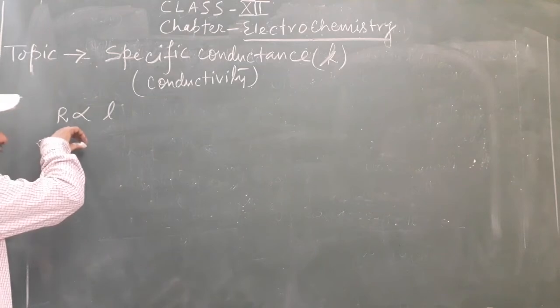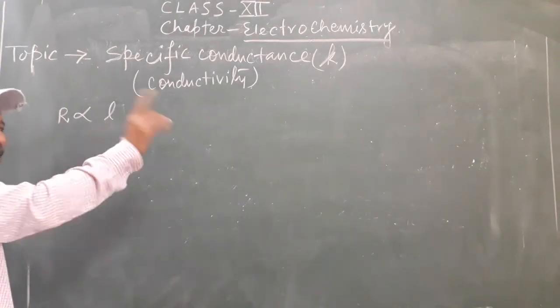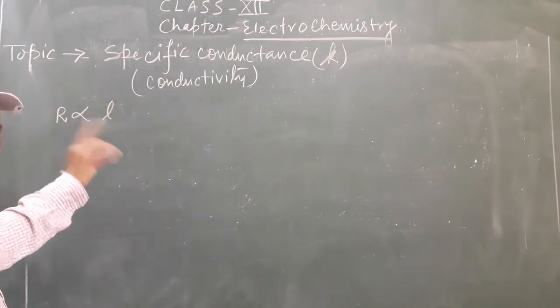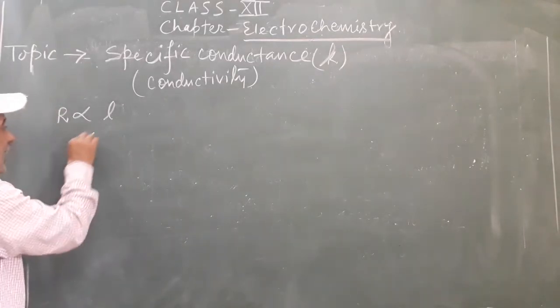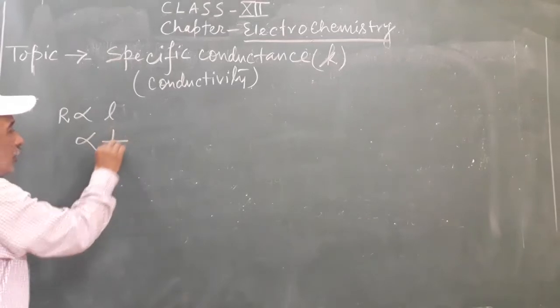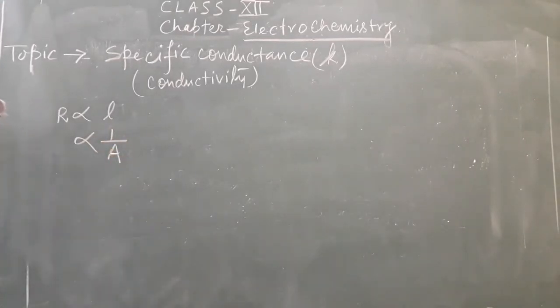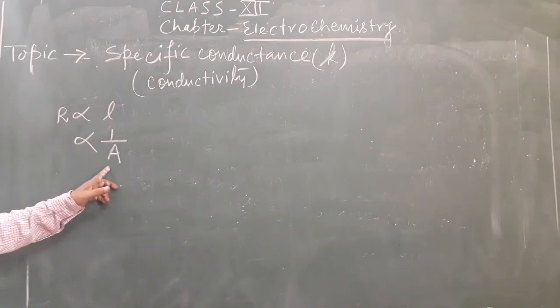Here R is resistance and L is length of wire through which current is moving. Correct? And this R is also proportional to 1 upon A, where A is the cross-sectional area of the wire.